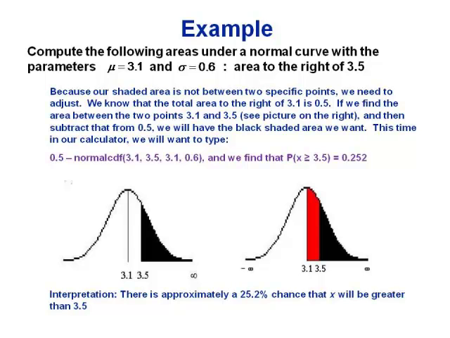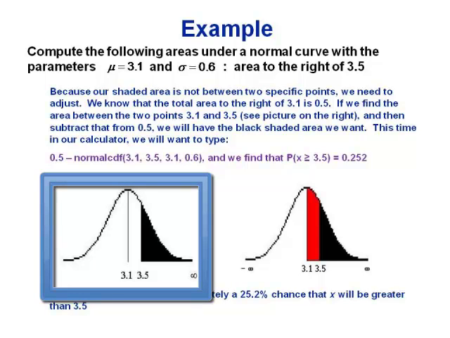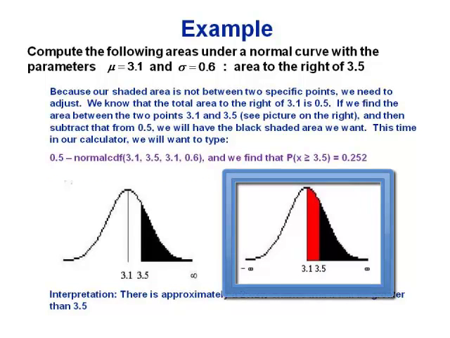So if we look at what we want, we've got the region to the right of 3.5 shaded in, but the only part that we know for sure is half the curve, so we would have to shade in a little bit more to have an entire half of the curve. And we can use that idea.